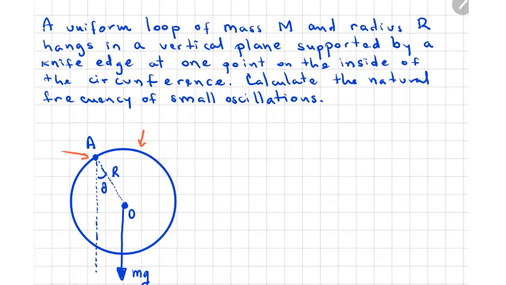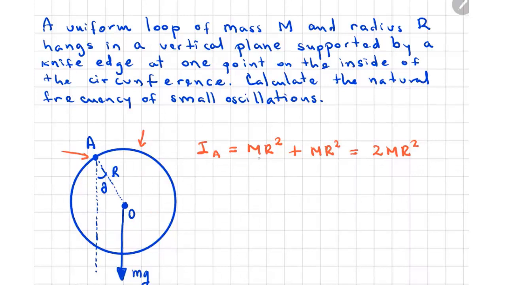So the moment of inertia about the point A is I_A equals m r squared plus m r squared, and this is equal to 2 m r squared.